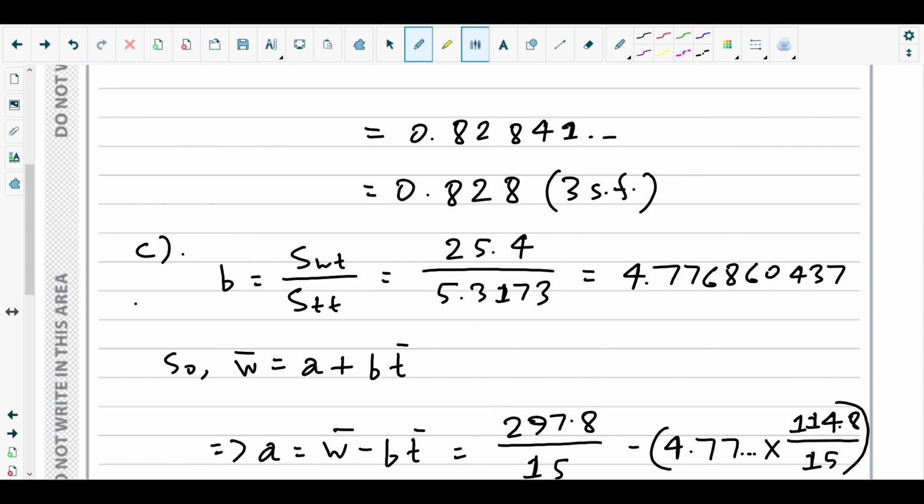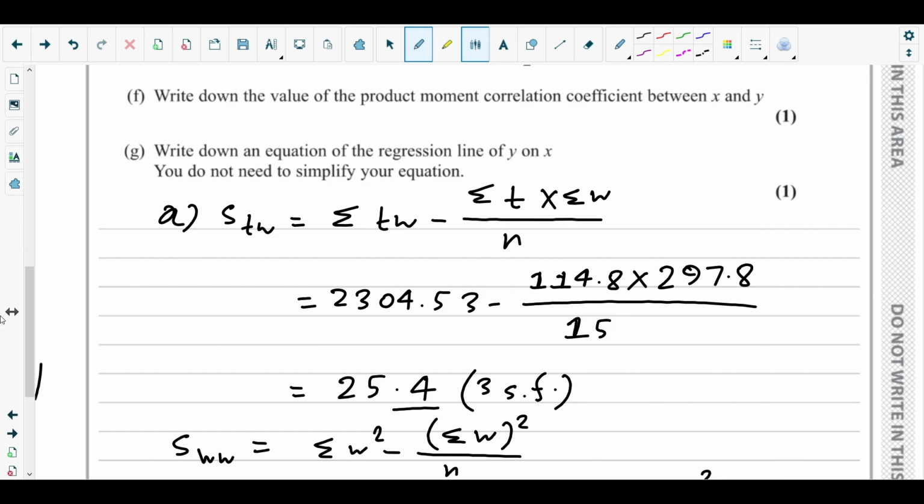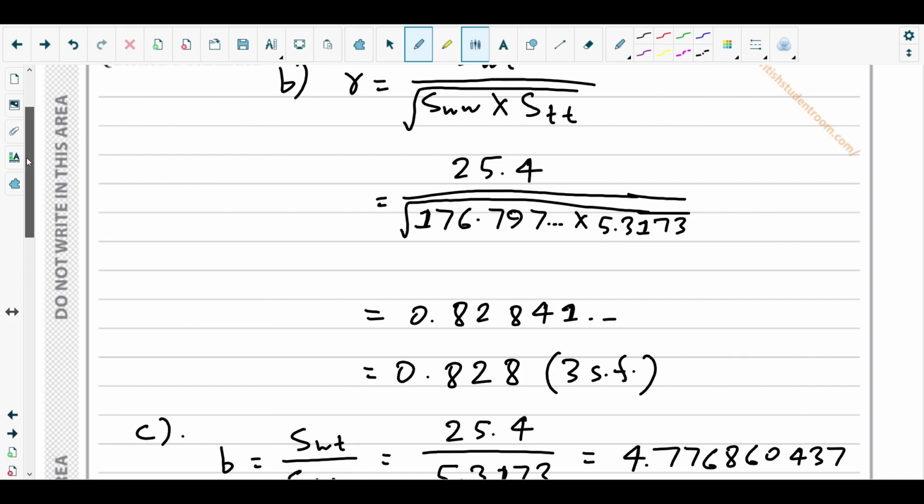So let's consider the exact value of S of WT. From here we need to calculate it. S of TW, which is 2304.53 minus 114.8 times 297.8 over 15. That would give you 25.3673333, it keeps going. This is the exact value, I saved it in my calculator.